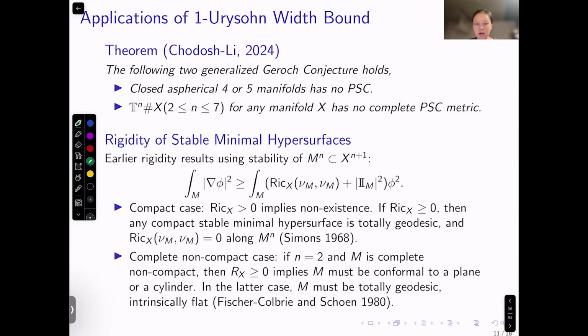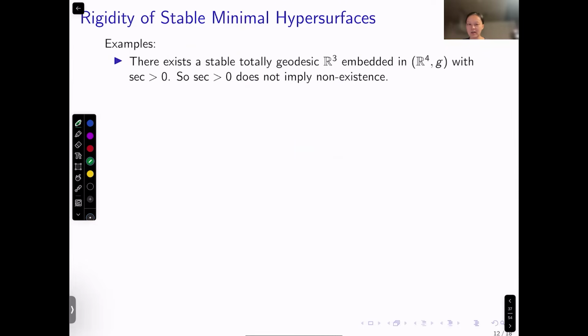And in the complete non-compact case, if you look at a non-compact minimal surface inside an ambient manifold that may or may not be compact, then we only know that in dimension 2, if you have non-negative scalar curvature, you have to be conformal to a plane or a cylinder. And in the second case, you have to be totally geodesic. And we don't know this for higher dimension, and it's also not the exact same analogy in higher dimension.